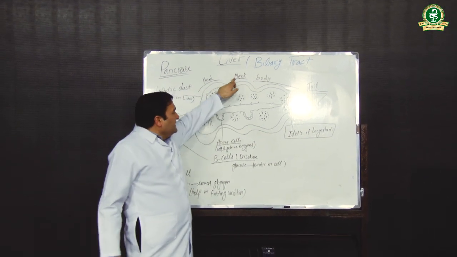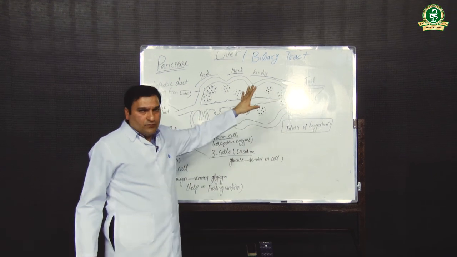It has a head, neck, body and tail, which means it is divided into four parts.